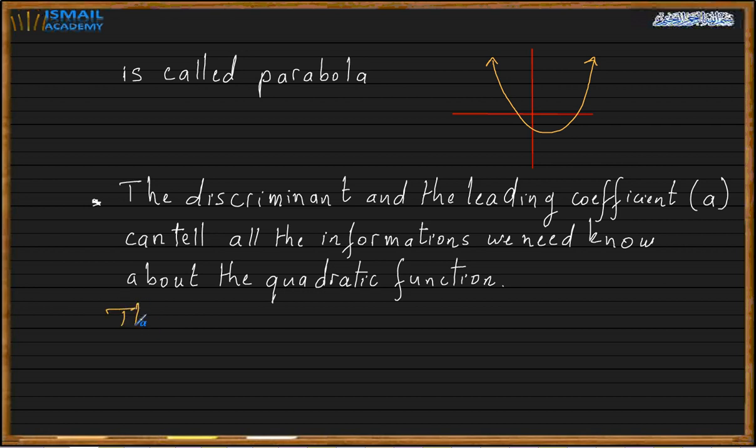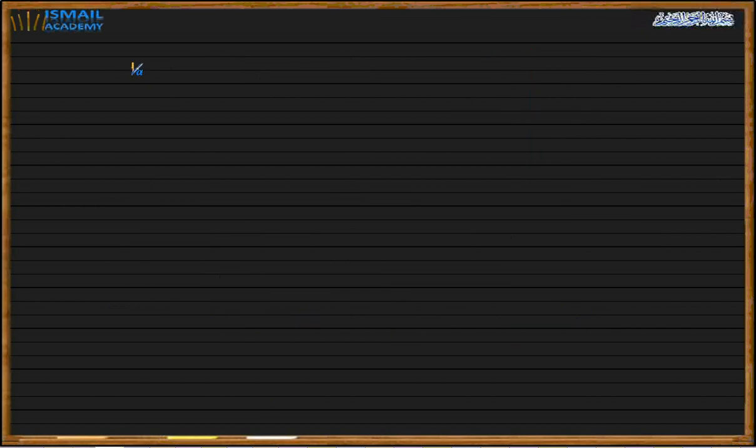So the steps needed to graph a parabola. Let me use a new page. The first step is the domain. First thing, know your domain. What is a domain, in fact?